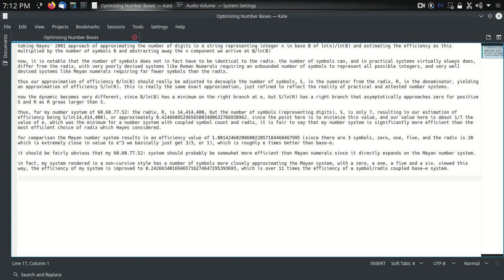This is really the same exact approximation. We've just reflected the reality of practical and attested number systems, that the number of symbols and the radix do not have to be exactly the same number. There's no reason for the number of symbols to be identical to the radix. So having b in both the numerator and the denominator is kind of a silly assumption, right?